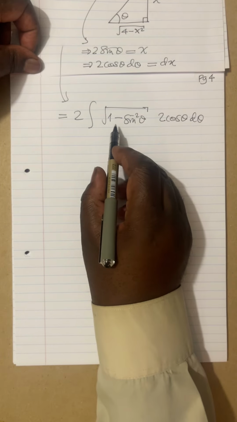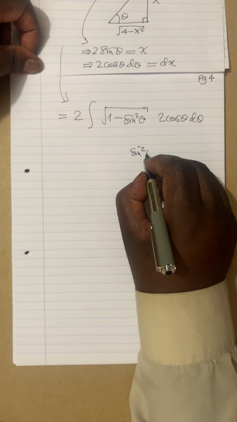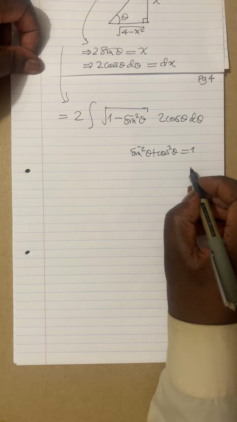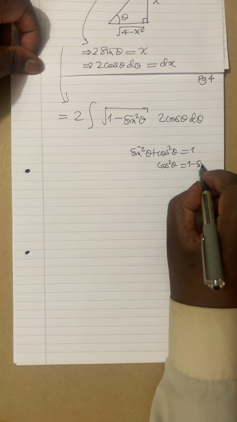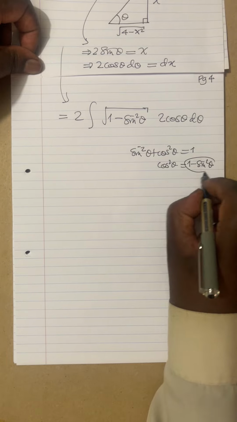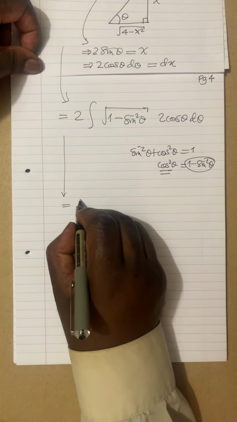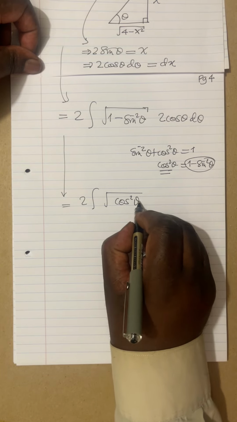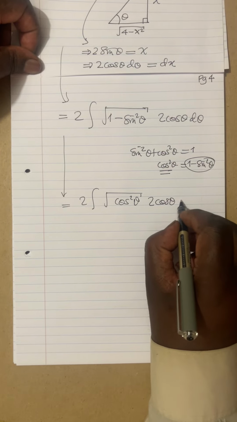Now, we know that sine squared theta plus cos squared theta equals 1. Solving for cos squared theta here is going to be equal to 1 minus sine squared theta. So where there is this, I must put that. So therefore, this integral changes to 2, the integral of square root of cos squared theta. Outside, I have 2 cos of theta d theta.